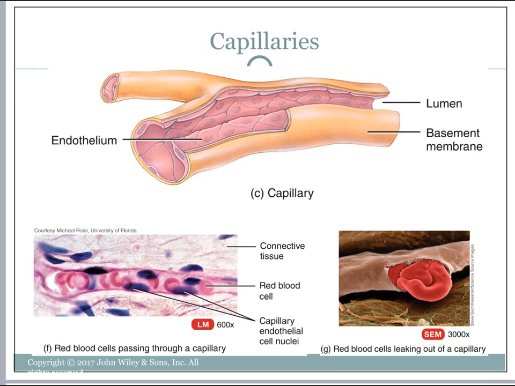That brings us to capillaries. Anatomically, capillaries are a lot different than arteries and veins because of their makeup, their structure, their formation, and essentially their function. Capillaries have an endothelial simple squamous cell lining and a basement membrane, and that's pretty much it. They're very, very small, right?